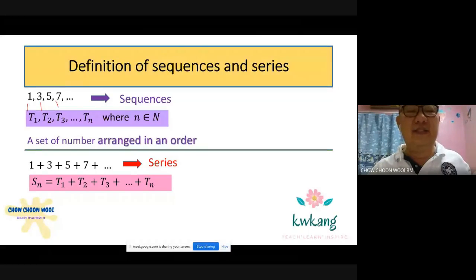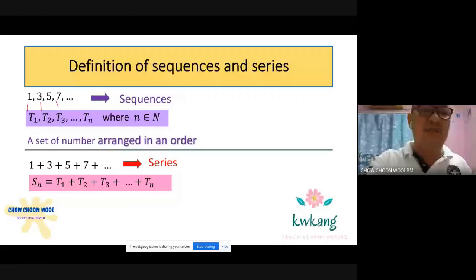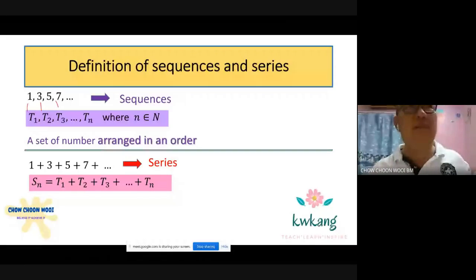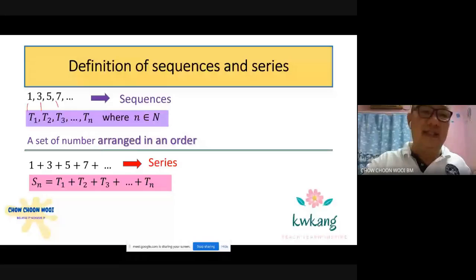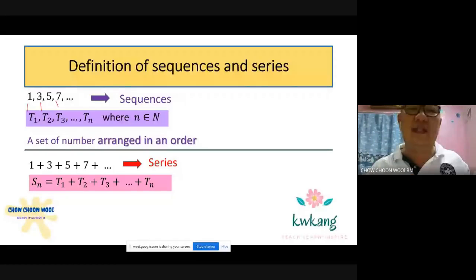So Sn is equal to T1 plus T2 plus T3 up to Tn, sum to n term. Kita panggil sum to n term, or in Malay we say hasil tambah sehingga sebutan ke n. Yang ni T ni kita panggil sebutan. In English we call it term lah. So sum of the terms of a sequence.